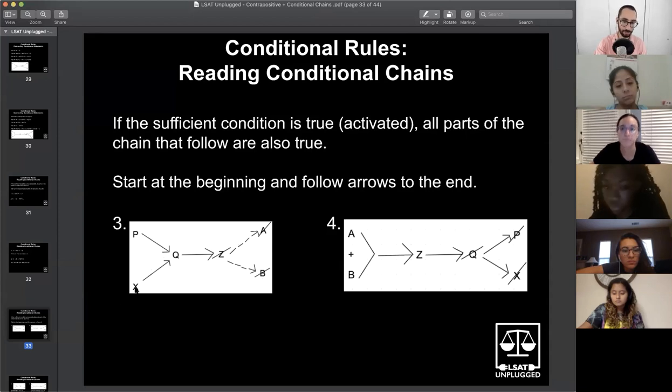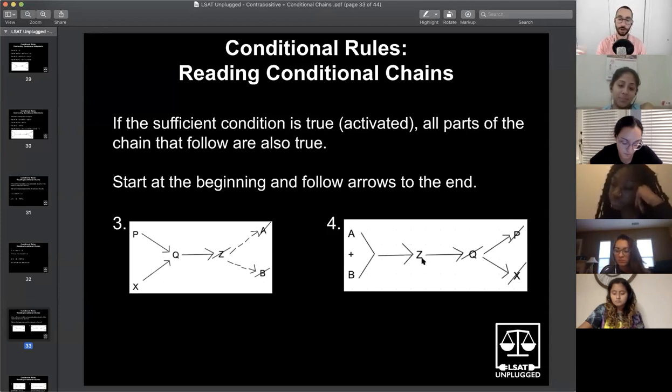You could have X in and B in along with A being out. That would all be fine. Contrapositive chain, if you have both A and B in, then Z is in, Q is out, both P and X are also out. But Z in doesn't tell you where A and B are.